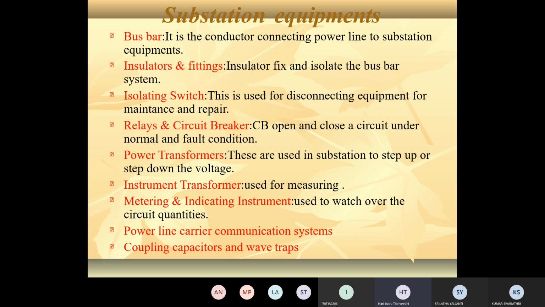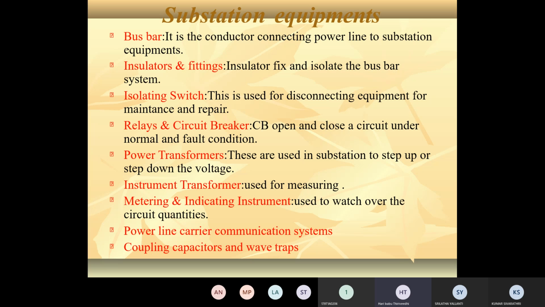A bus bar is a heavy duty conductor which may carry the complete load current according to the capacity of the substation. The substation may be small or big, that is 66 by 33 kV or 33 kV by 11 kV. So depending upon the capacity of the substation, the bus bars carry the entire load current, right?